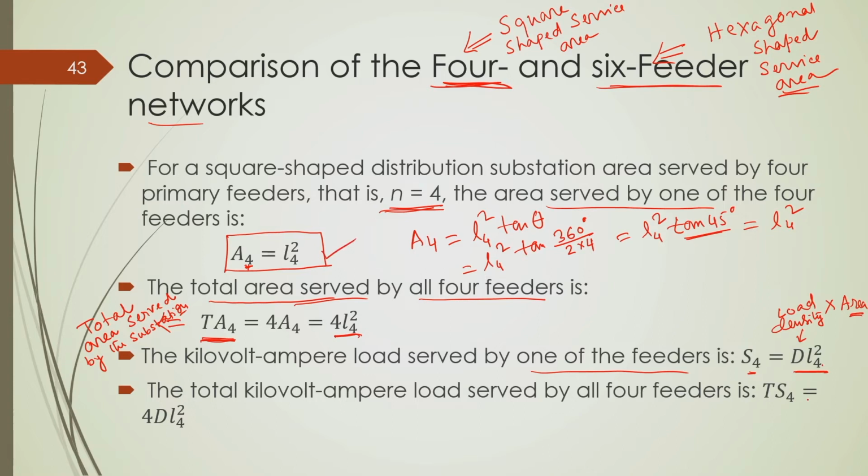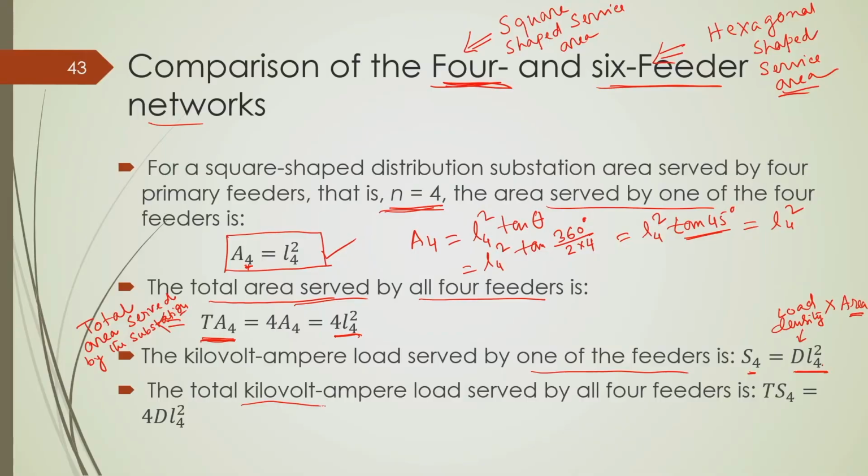So, we get how much load in kVA that one particular feeder will serve. Similarly, total kVA served by all these feeders is equal to T S 4. T S stands for total load served by all these 4 feeders, which is equal to 4 multiplied by S 4, which is equal to 4 D L 4 square.